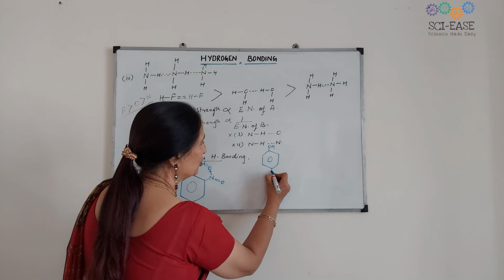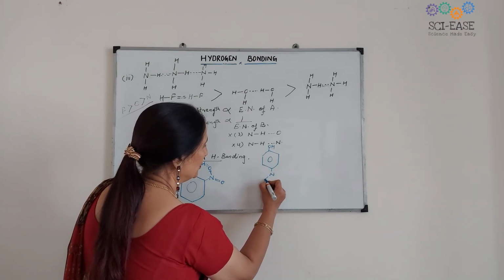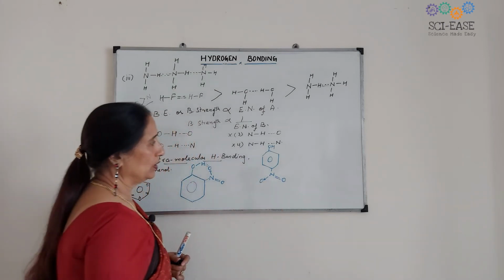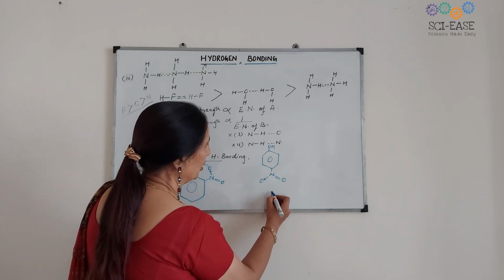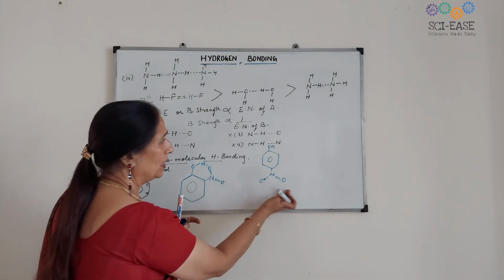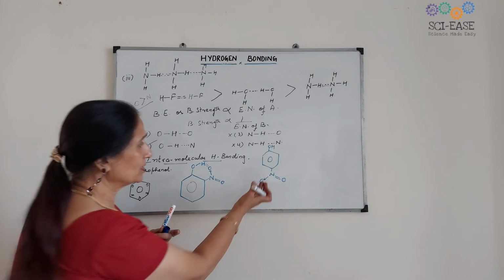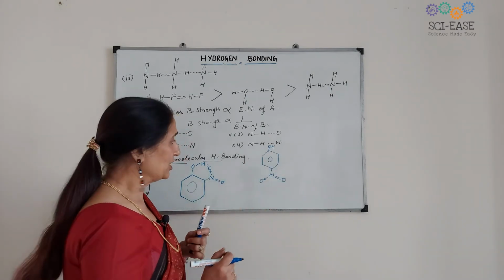I am drawing the structure of para-nitrophenol and here is another molecule of para. So in case of this para-nitrophenol, this intramolecular hydrogen bonding is not possible because the groups are far away from each other.